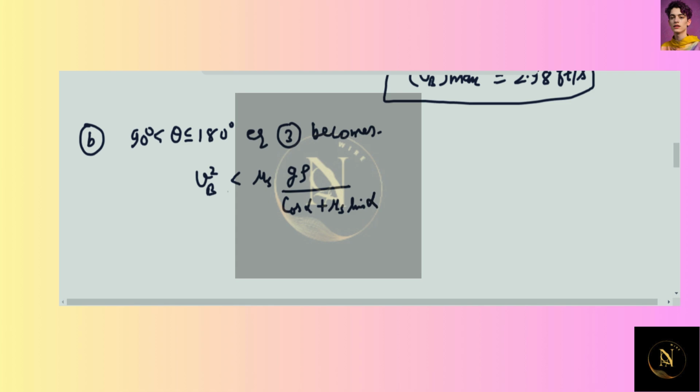Here alpha is 180 degree minus theta. So theta we have measured 19.29. So alpha having the value 160.71 degree.